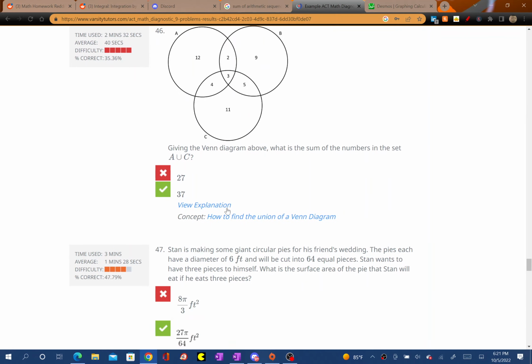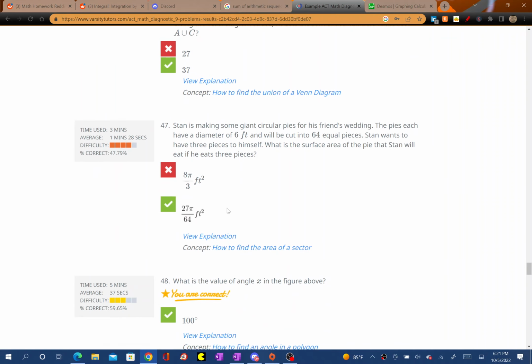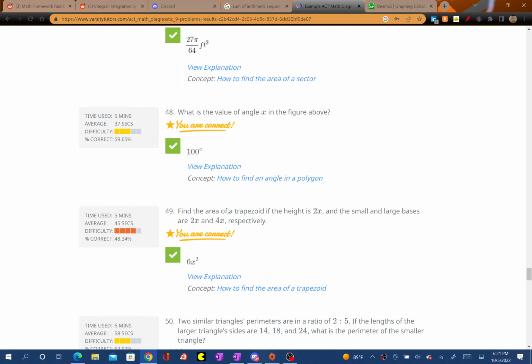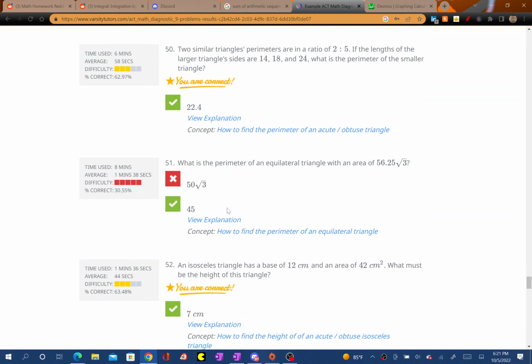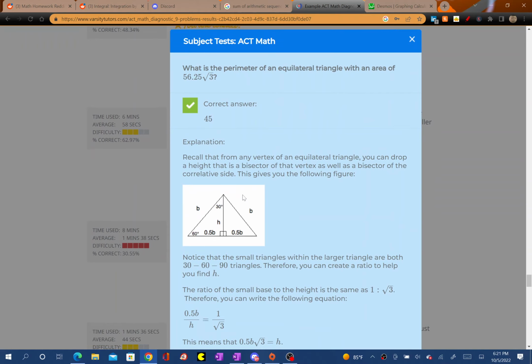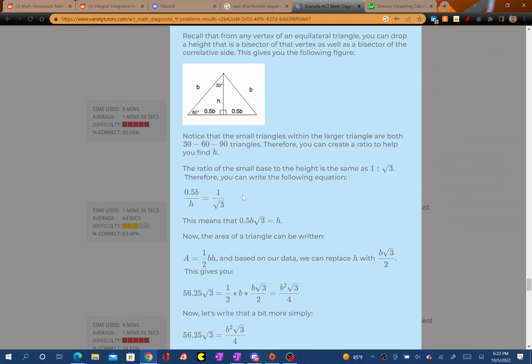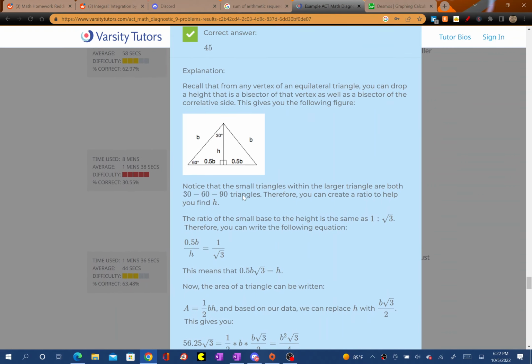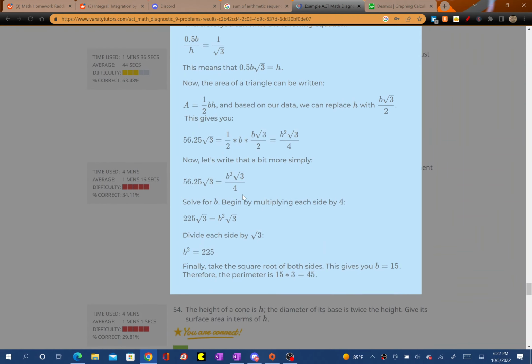I'm not sure. Some of these were statistics or probability, and I feel like I didn't understand the I feel like this one had to do with special right triangles. It was a tough one.